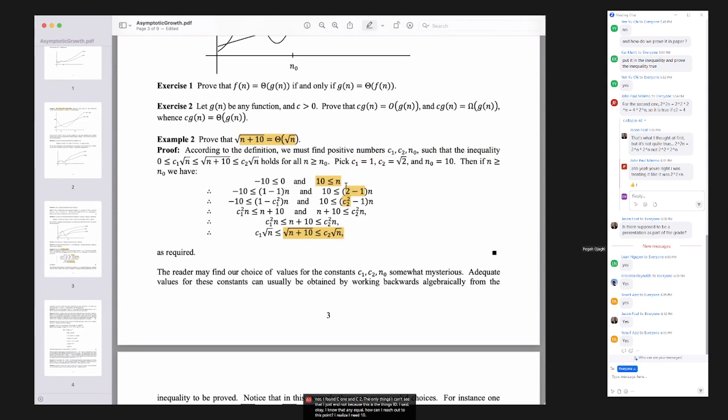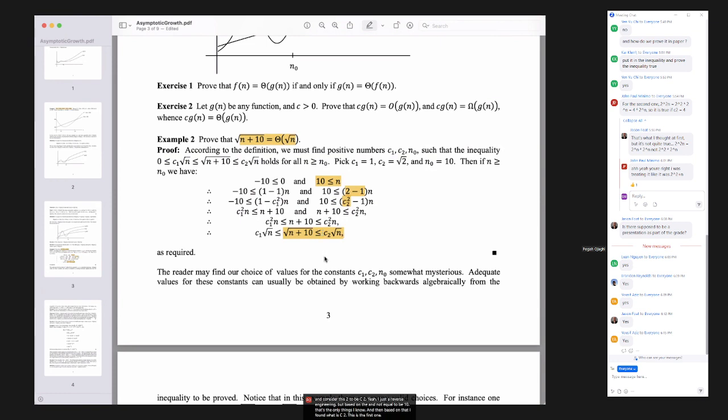I said, okay, I need minus n because I need to bring n to the other side. So consider 2 minus 1 to be that one, and consider this 2 to be C2. Yeah, I just reverse engineered, but based on n naught being 10. That's the only thing I know. And based on it, I found what C2 is. This is the first part.